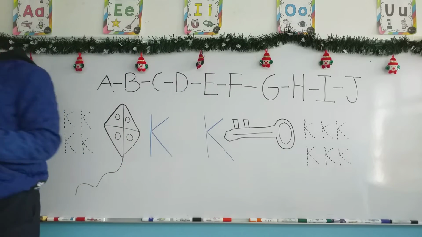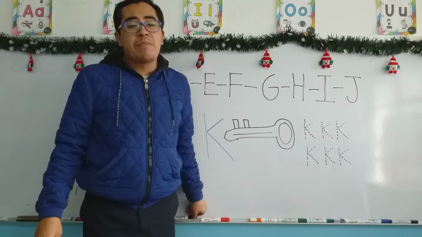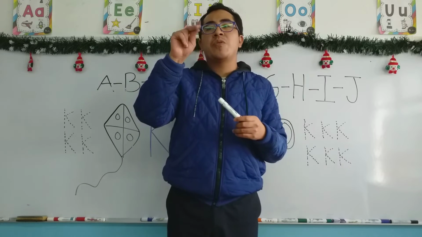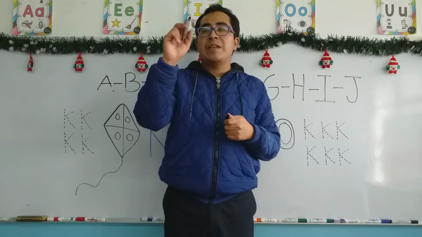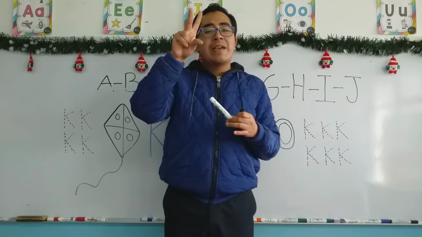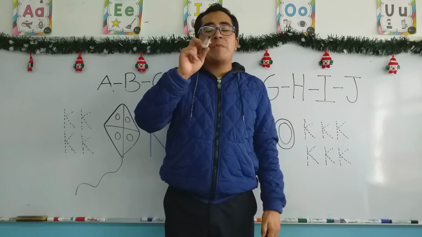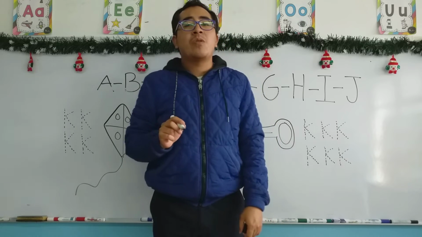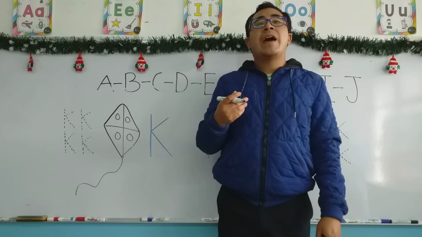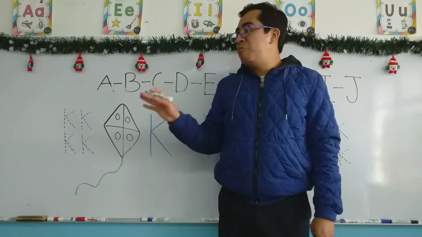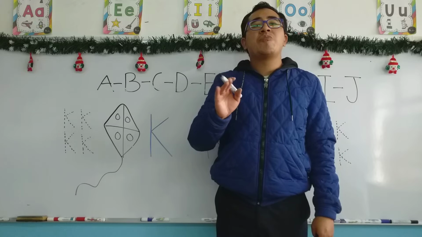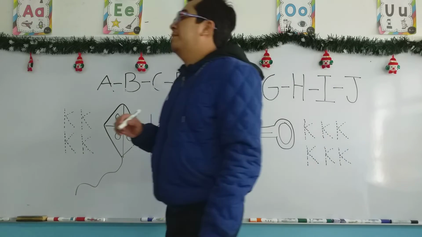Don't forget also to hold your pencil properly, 3 fingers to create a cloth pin, para 3 deditos para crear una pincita y de esa forma poder sujetar mejor nuestro lápiz o nuestro color. And while we are tracing each one of the letters, don't forget to repeat the name of it.